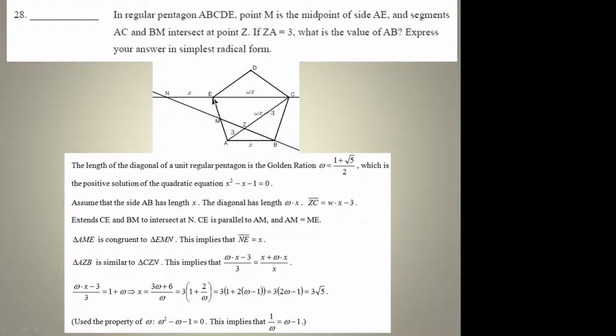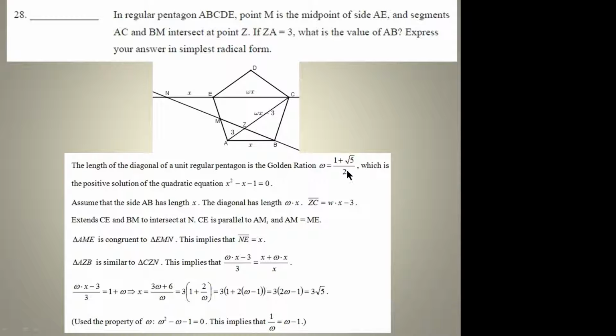So the diagonal will be omega if the side is 1. But if the length of the side is x, then the diagonal will be omega times x. Instead of writing 1 plus square root 5 over 2 times x, I will just write omega x. It's simpler, but just remember omega is this number.